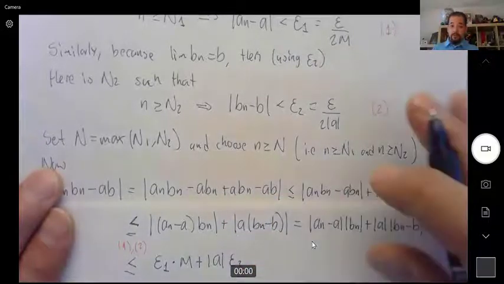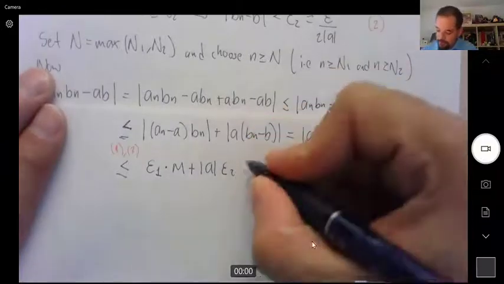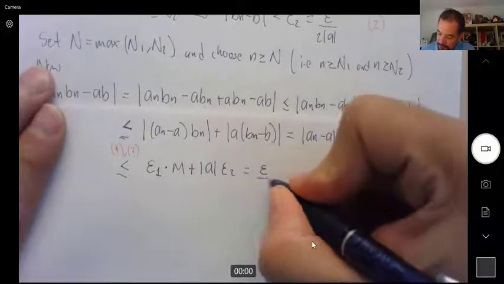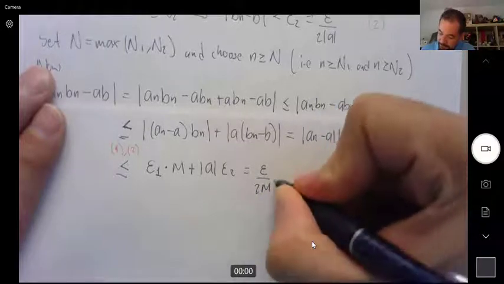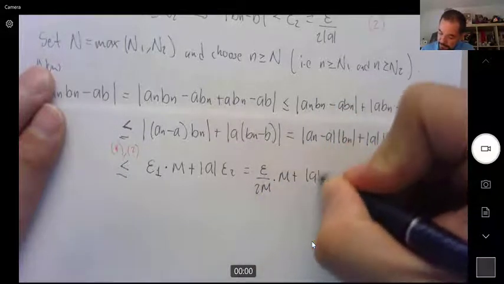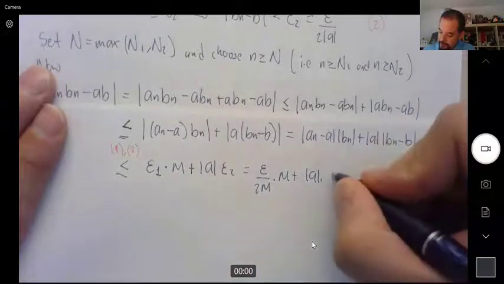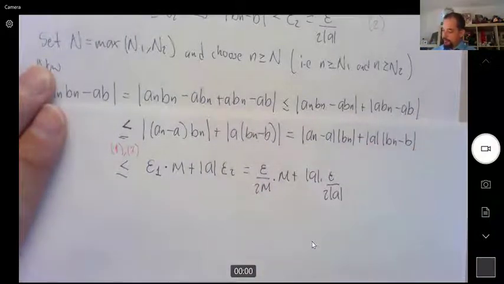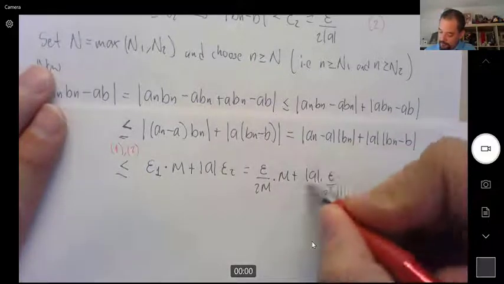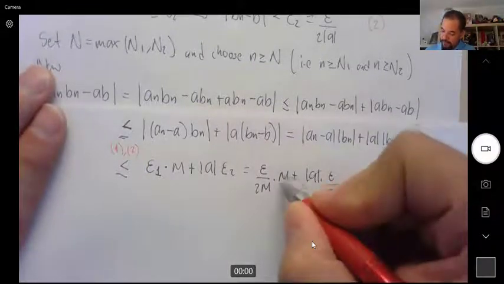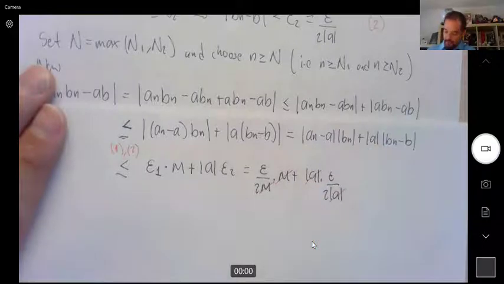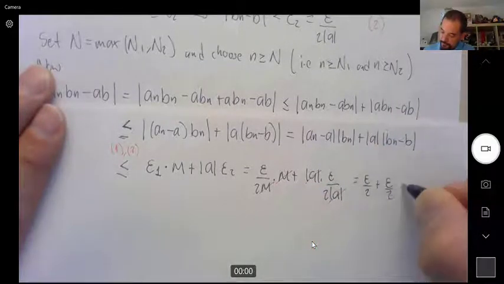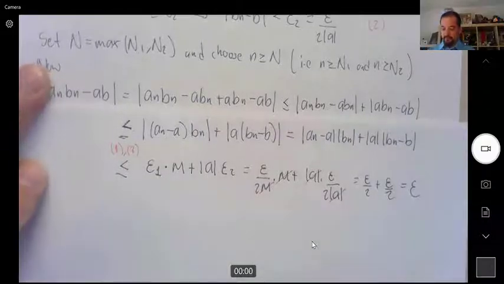And now where the magic happens: we already know what epsilon 1 stands for. Epsilon 1 stands for epsilon over 2M. Epsilon 2 stands for epsilon over 2 absolute value of A. Now things cancel the way we wanted them: the A goes away, the M goes away, and this is epsilon over 2 plus epsilon over 2, which makes it epsilon.